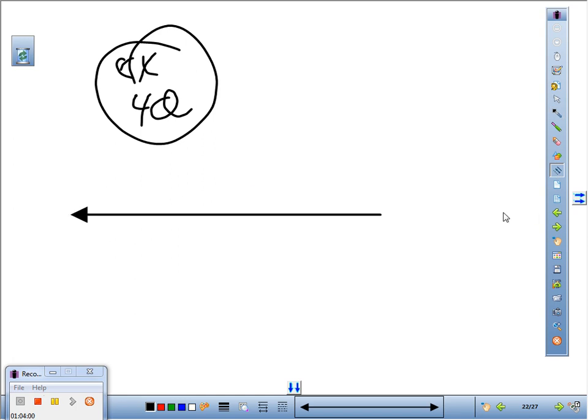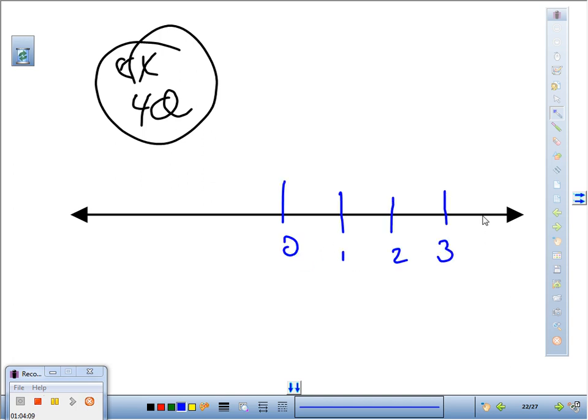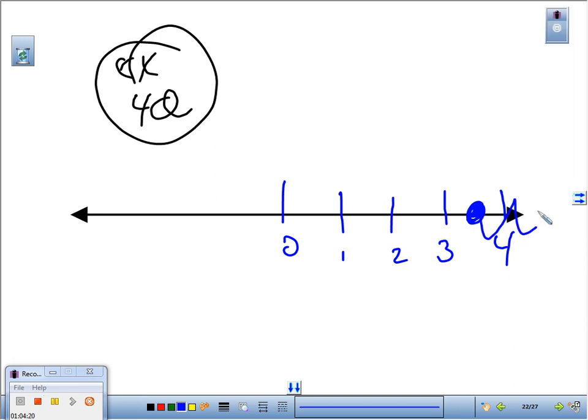Draw your number line. 0, 1, 2, 3, 4. It's shaded going that direction. And I'm going to label this one variable Q. Write me an inequality, please.